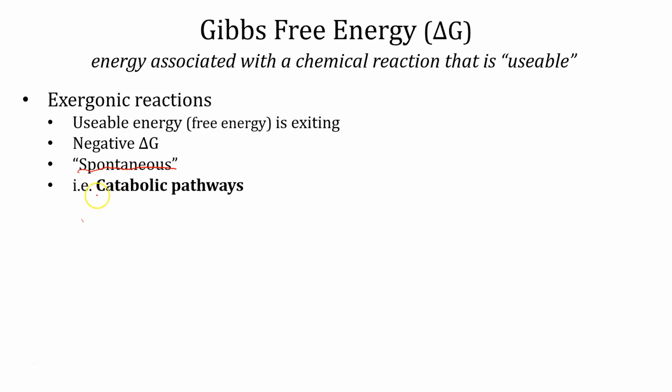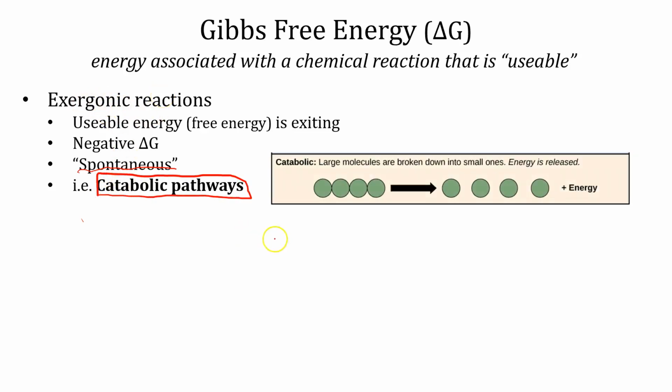Generally, the series of metabolic pathways called the catabolic pathways are going to be this type of reaction, exergonic reactions. And a catabolic pathway is anything where something is being broken down. So when you have a big macromolecule that's broken down into its individual monomers, you see that there's some energy leaving those molecules. You had a certain amount of energy stored here, and then after these are all broken down, you have a certain amount of energy stored here.